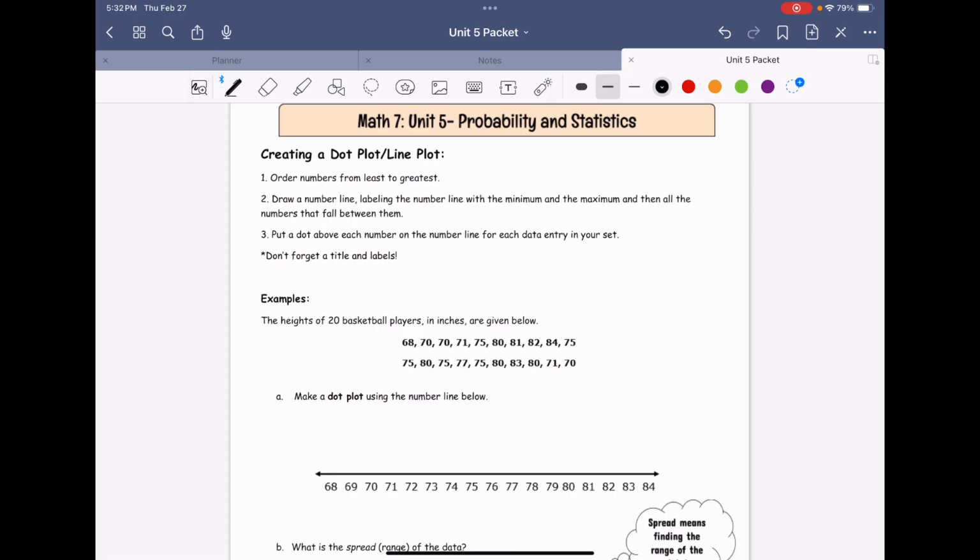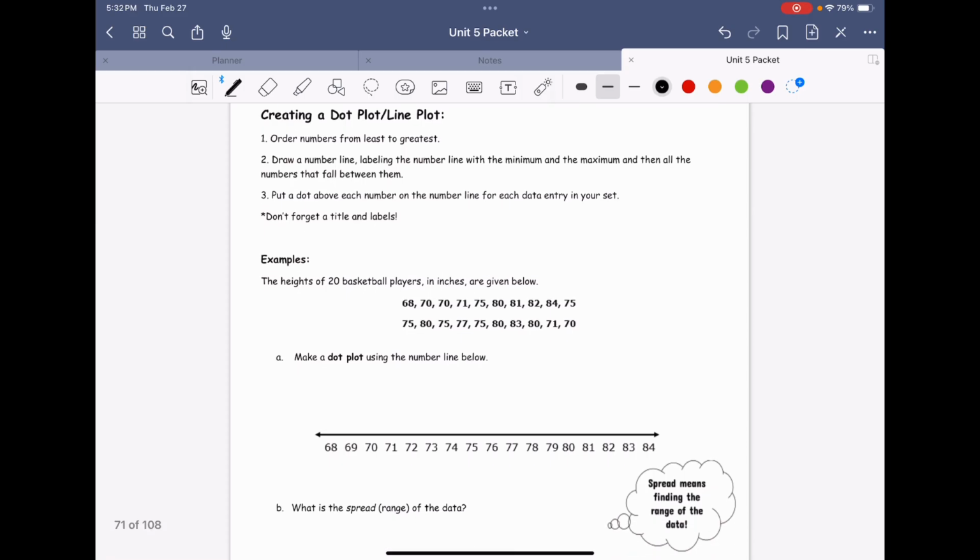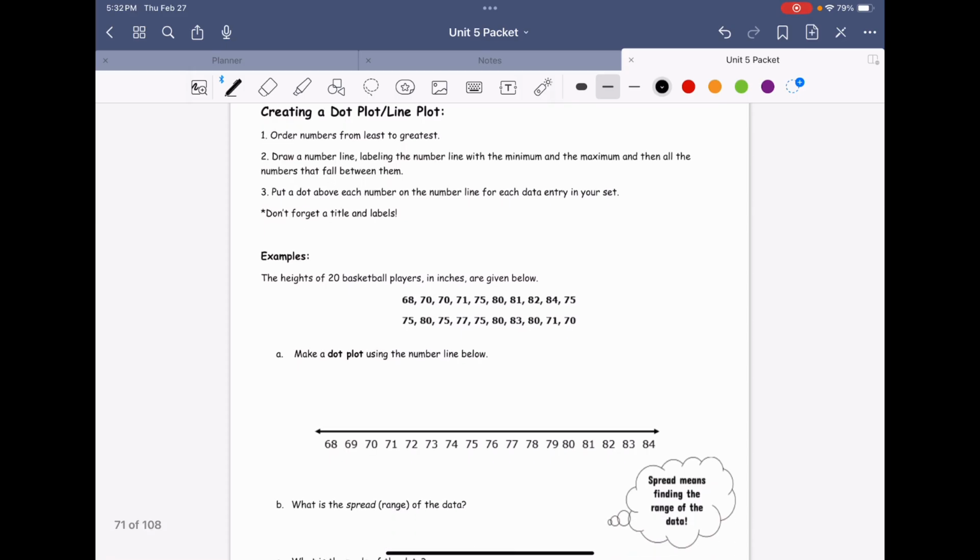Now, with what we are doing, we're just focusing on taking the points and plotting them on the number line. We are not going to discuss the maximum and minimum and how to figure out everything like that. But we do want to be aware of what the maximum value and the largest value are.